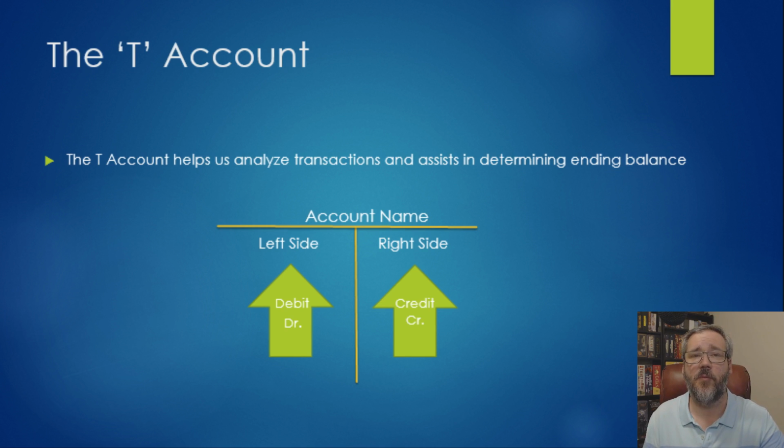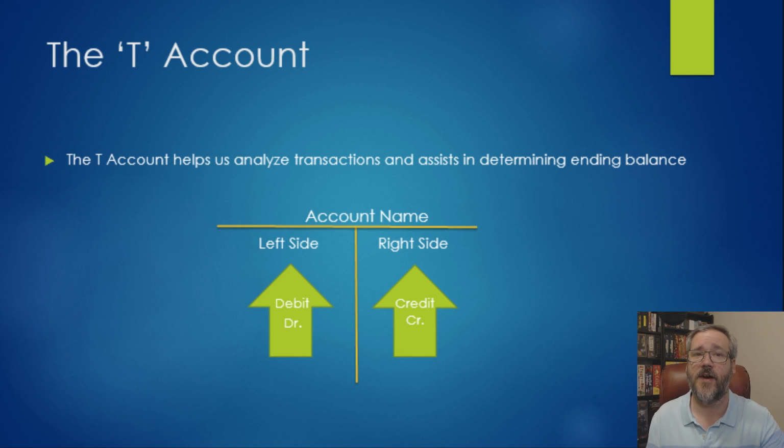It doesn't matter what kind of an account you have, if it's an asset, if it's a liability, or if it's an equity. Debit side is left side. Credit side is right side. Now remember, I told you there's a reason the accounting equation is written assets equals liabilities plus equities, right? There's a reason.